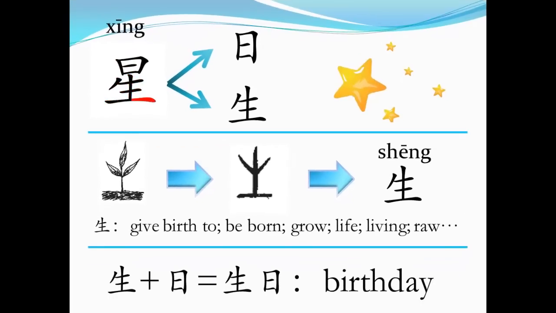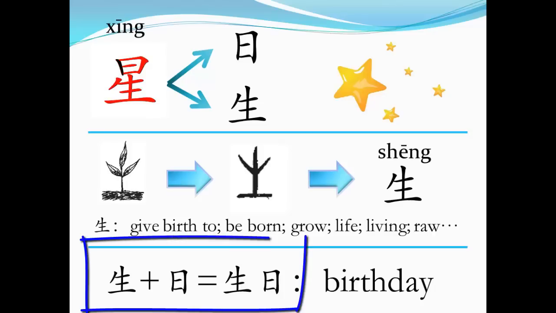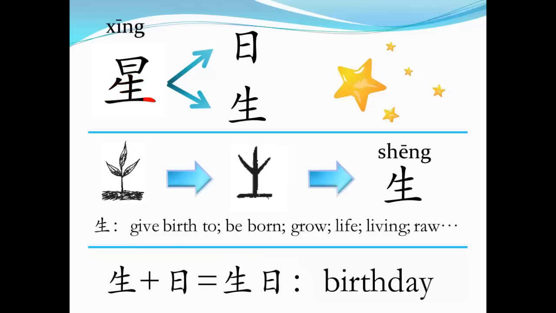We can use those two characters to make a word too. So sheng and ri is 生日, 生日. Sheng here is used with the meaning of born, birth. Ri means day, so 生日 means birthday. In our last lecture, I talked about 明日 and 明天.